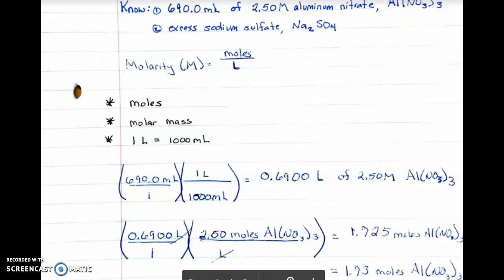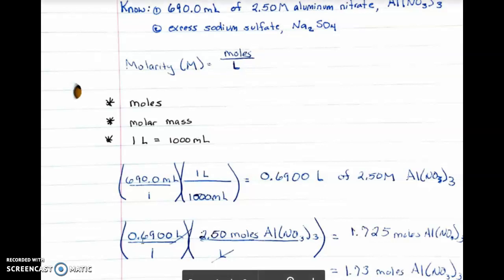The other thing to keep in mind is that when I read 690.0 milliliters of a 2.50 molar solution of aluminum nitrate, the word "of" in a word problem always means multiplication. So if I take 690 milliliters of this 2.50 molar solution of aluminum nitrate, how much do I actually have? How much aluminum nitrate is actually in this 690 milliliters that I'm taking? So instead of reporting the molarity as molarity, I remember that this is moles per liter.